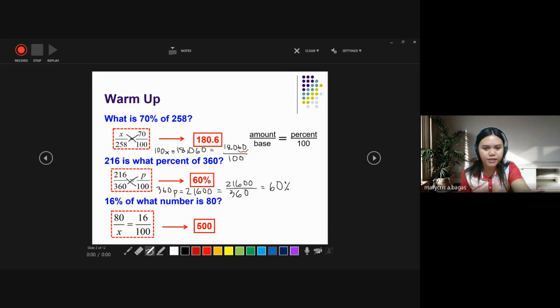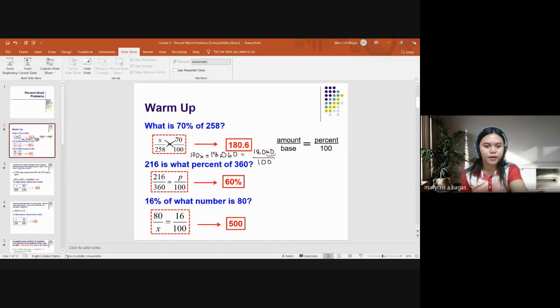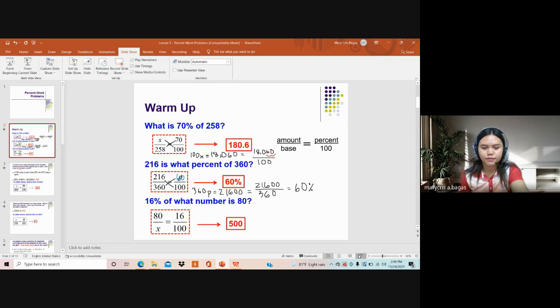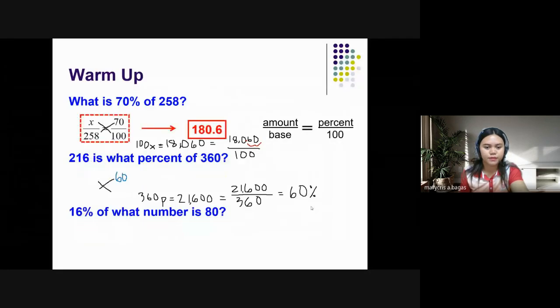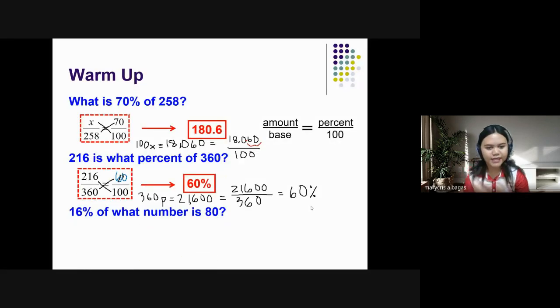Okay, so here is 60. Let's try the next one. 16% of what number is 80? Can you do that?